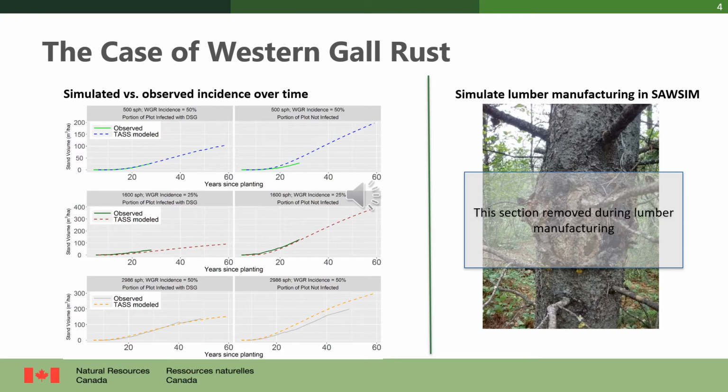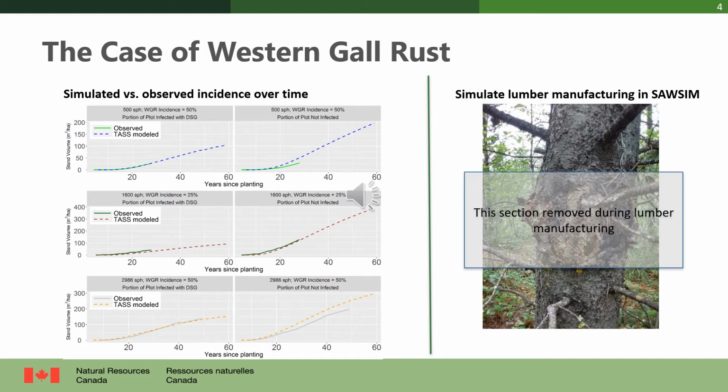A final step was to use SawSim, which is a lumber manufacturing simulator that is linked to tasks. In the case of Western gall rust, the infected trees that survive until rotation will contain galls that will require removal. Consultation with industry indicated that galls that encircled more than 50% of the main stem had to be removed.